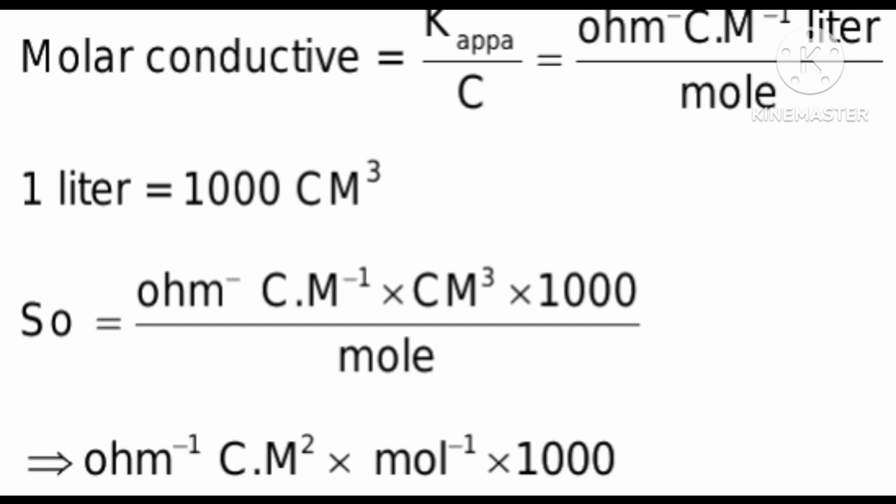You write lambda, and in the place of the subscript m that you were writing for molar, you can write the infinity symbol. That is the conductivity at infinite dilution. This question is asked.